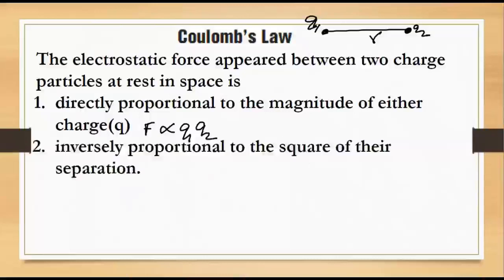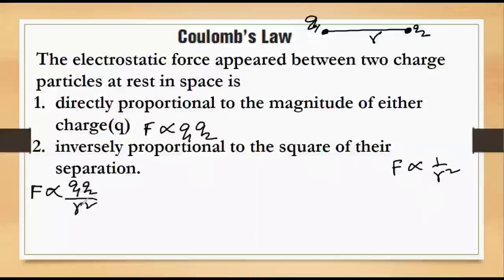It means F is directly proportional to the product of Q1 and Q2, but inversely proportional to that one. So if you combine both, you are going to get F directly proportional to Q1 Q2 by R square.